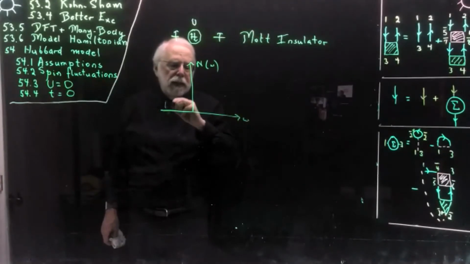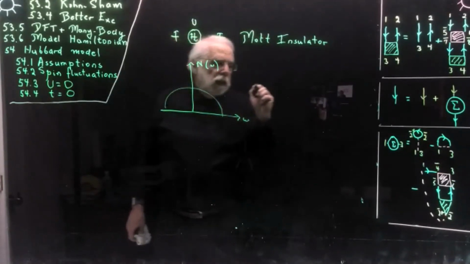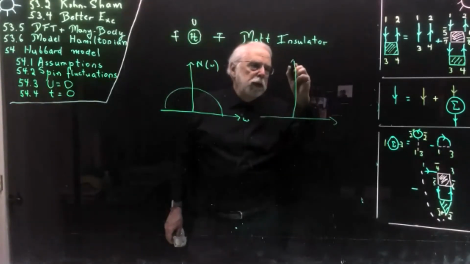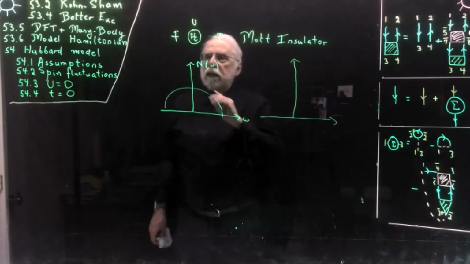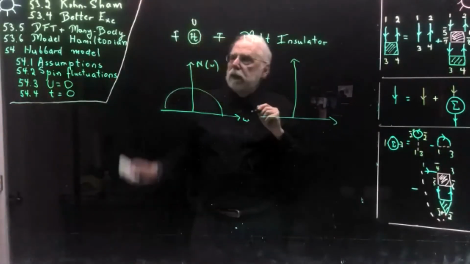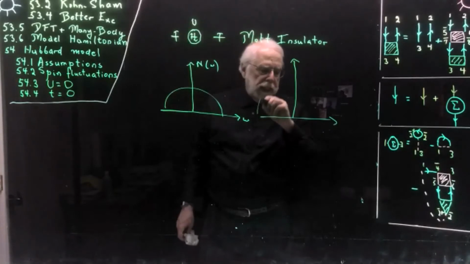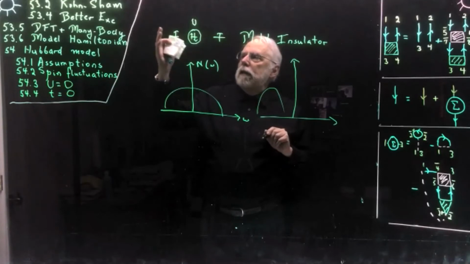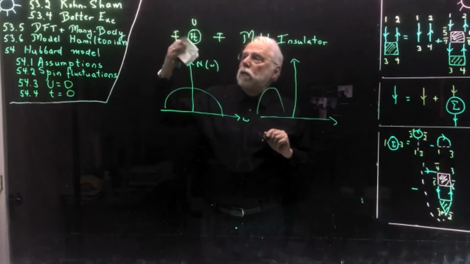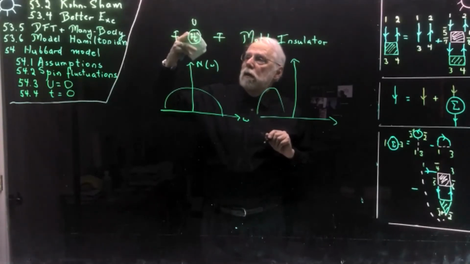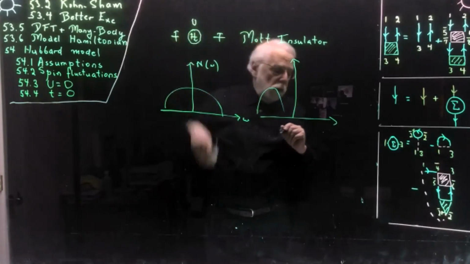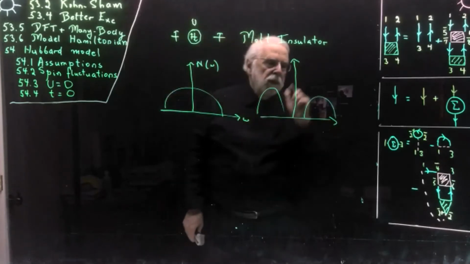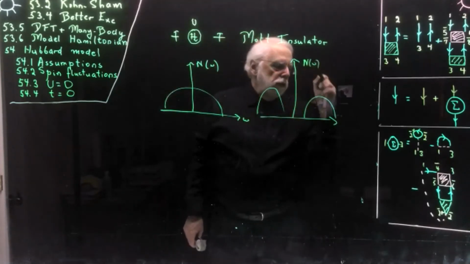So the LDA band, let's say, is something like this. Now, if I have a strong repulsion, it means that I can travel without double occupancy as much as I can. So I get this. But then I have an amplitude to travel on states that are doubly occupied. So it's as if this band splits in two, if you want. So N of omega as a function of omega.